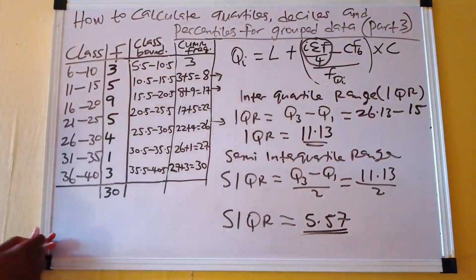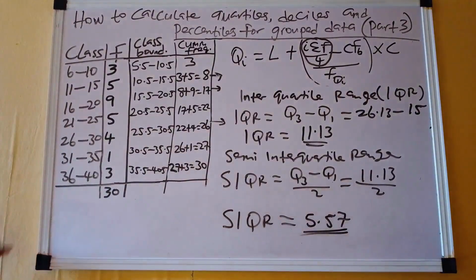So it's good you know how to calculate this. The interquartile range IQR is 11.13, and for the semi-interquartile range, you divide the interquartile range by 2, and that gives you 5.57.